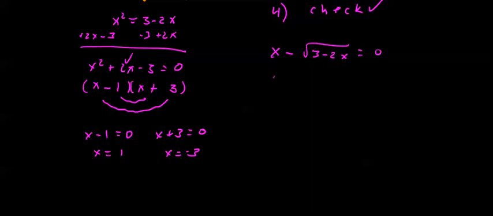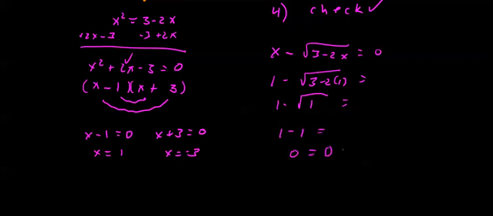So we start with 1 minus the square root of 3 minus 2 times 1. 1 minus the square root of 3 minus 2 is 1. 1 minus 1. 0 is equal to 0. It checks.